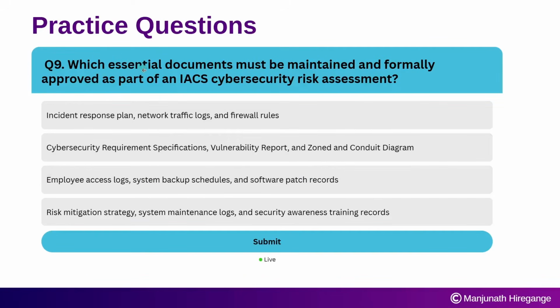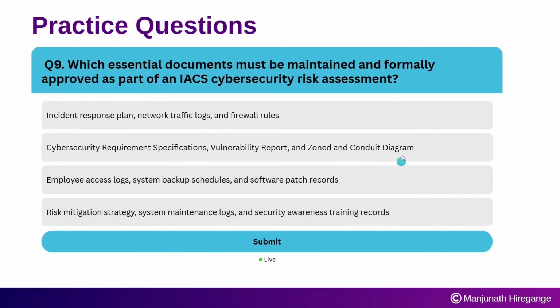Question number 9. Which essential documents must be maintained and formally approved as part of IACS cybersecurity risk assessment? So we are talking about the cybersecurity risk assessment, and it should also be approved. Your options are incident response plan, network traffic logs, firewall rules, cybersecurity requirement specification, vulnerability report, zone and conduit diagram, employee access logs, system backup schedule, software patch records, risk mitigation strategy, system maintenance logs, and security awareness and training records.